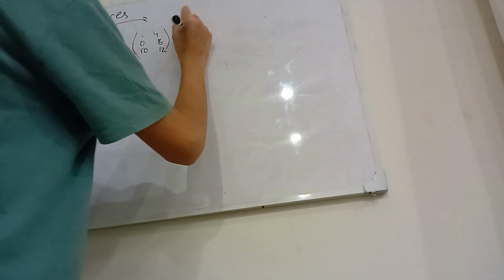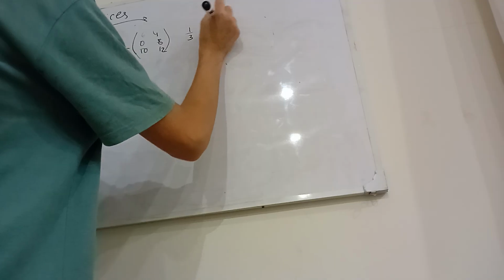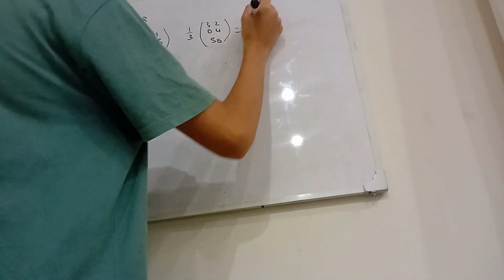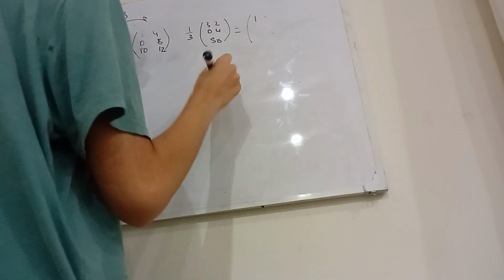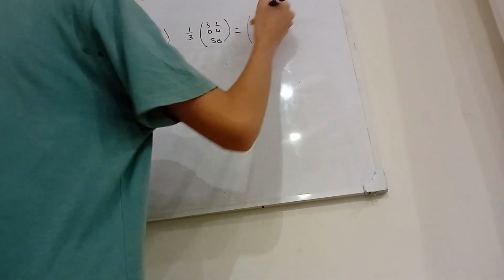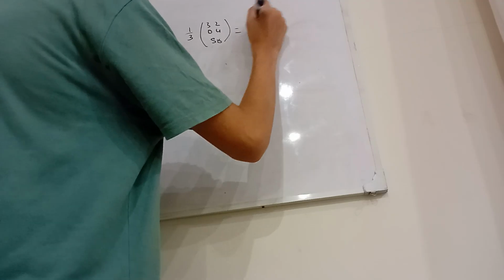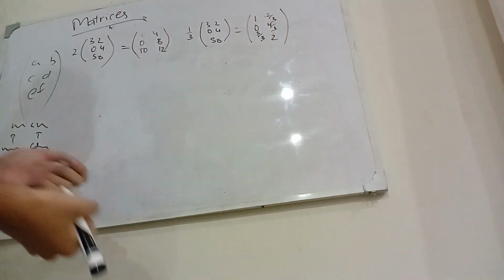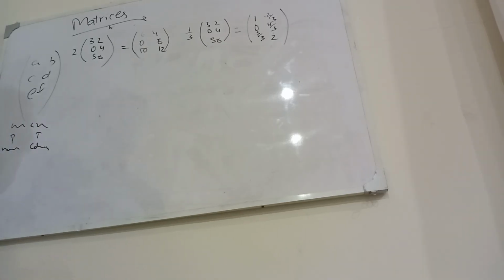Dividing is the same thing, except you just divide. You probably get this last part. 5 over 3 and 2. I hope that was clear.